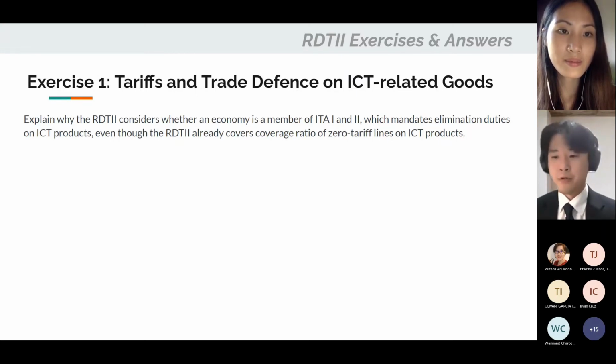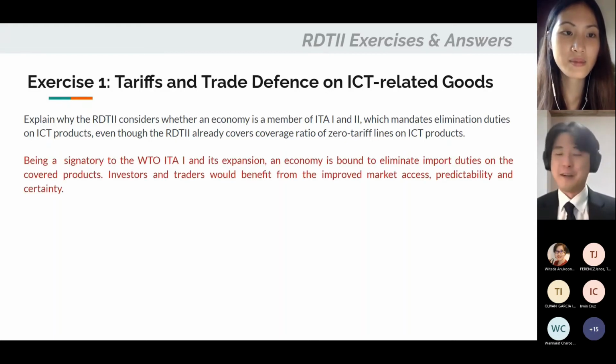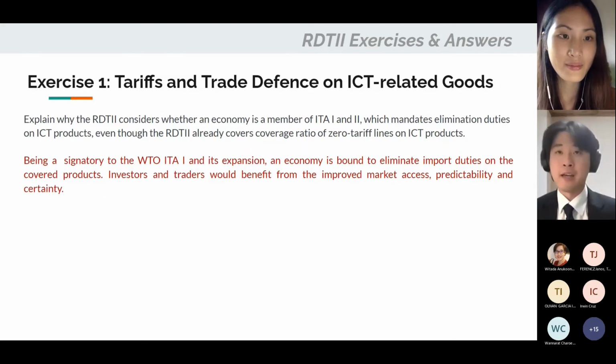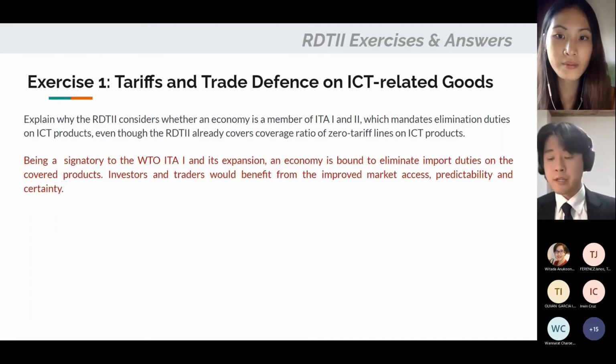So most of you, actually all of you, gave us a correct answer. The answer is that being a signatory to the WTO ITA means that the economy is bound to eliminate import duties on ICT products. That means there will be more predictability and more certainty.